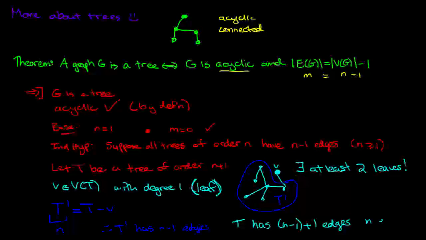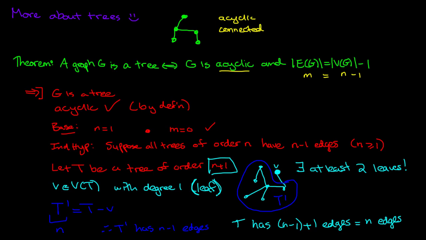That's n edges. So this is equal to n edges. But it had order n plus 1. So we've just shown that the number of edges this tree T has is equal to the number of vertices minus 1. Great. So take a moment, make sure that's clear, but we've basically just done the first part.